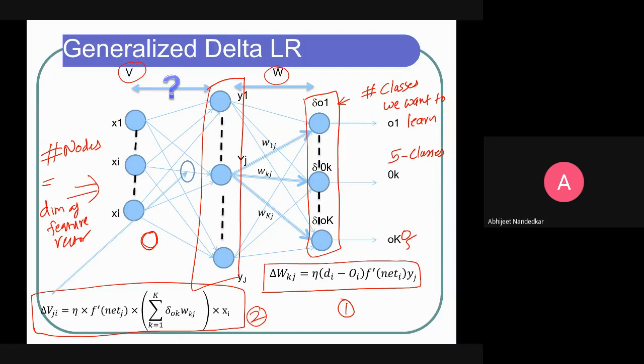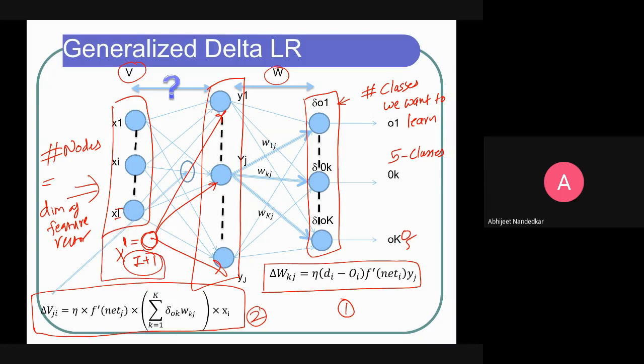Suppose capital I is the number of nodes on the input side, then there will be an I plus 1th node while you write a program. That will be x_{I+1}, which is given to everybody. Here the input is always fixed to 1. So this is the augmented vector.